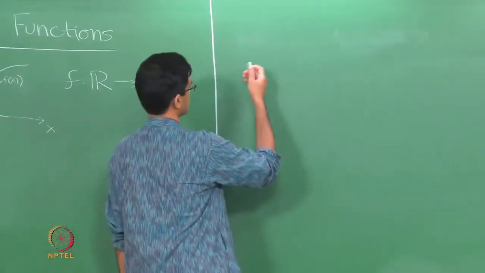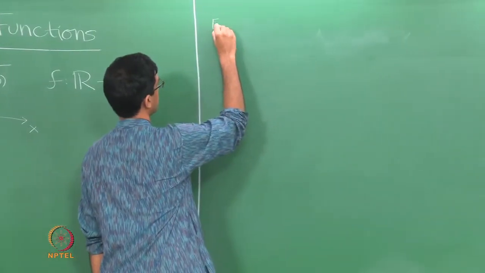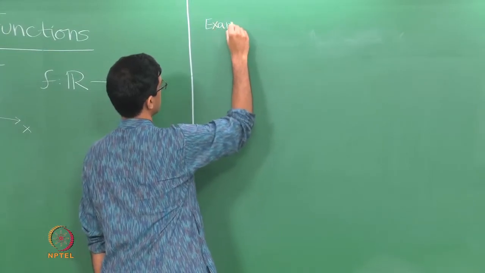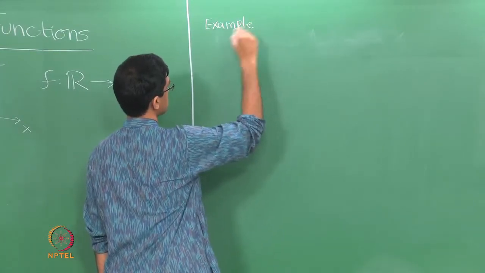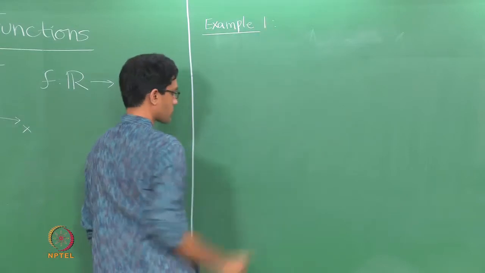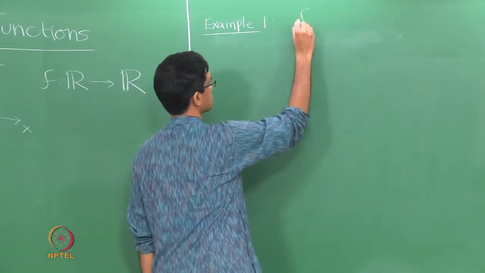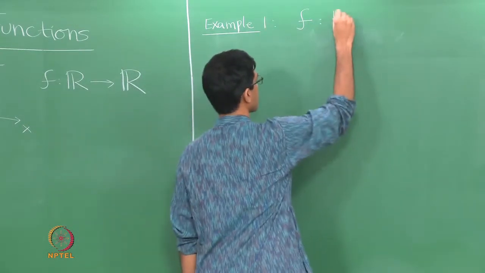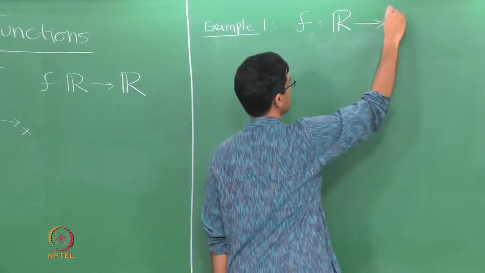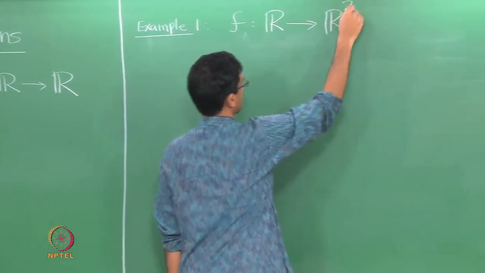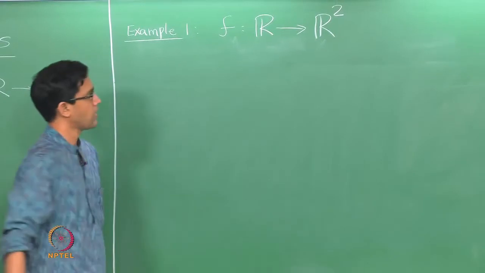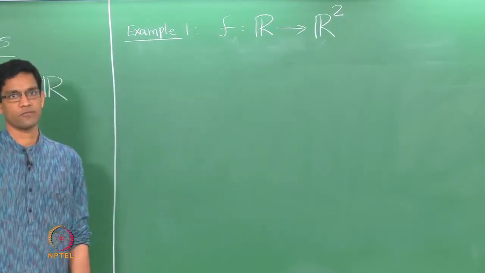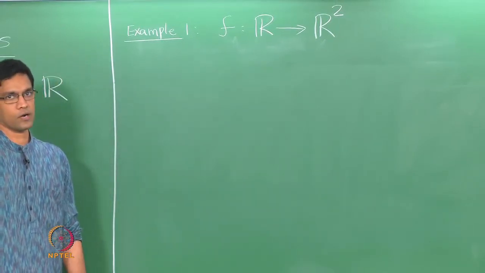So let us do various examples. What I really want to do in this lecture is to consider a few examples of functions, but not from R to R. So let us do the first one. It is a function from R to R2.